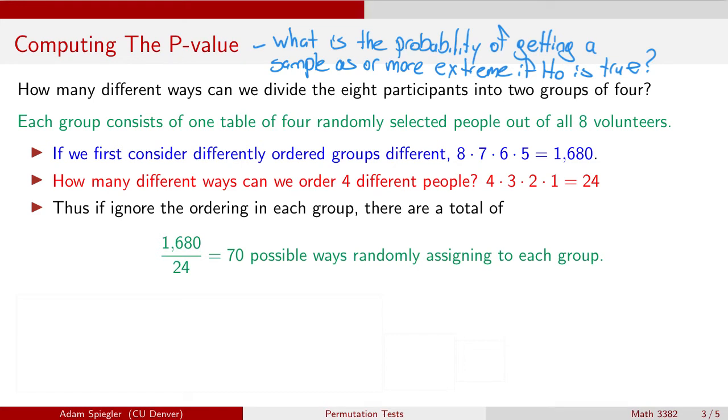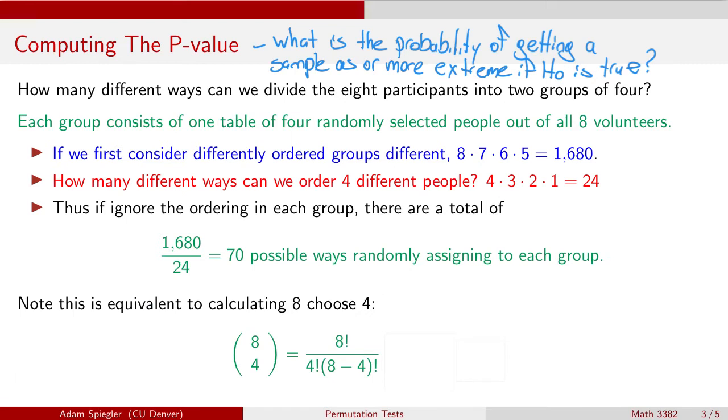If you're thinking, I feel like we learned a way that we can calculate these more directly, that is correct. We did discuss this. This is exactly equivalent to if we had used that 8 choose 4 formula. In fact, the reasoning that we have up here is exactly where this formula comes from. For example, we could break it up into 8 factorial over 4 factorial, which gave us the numerator.